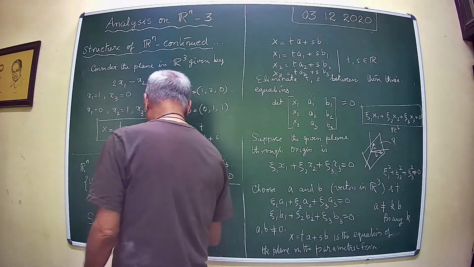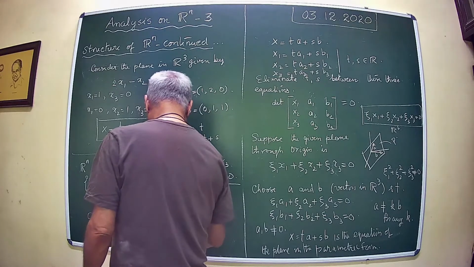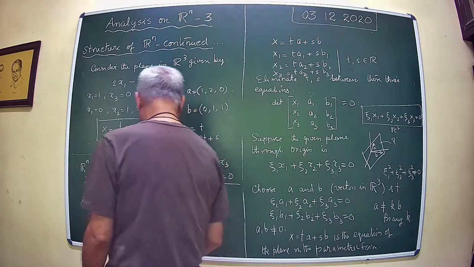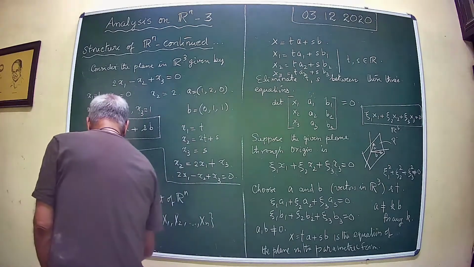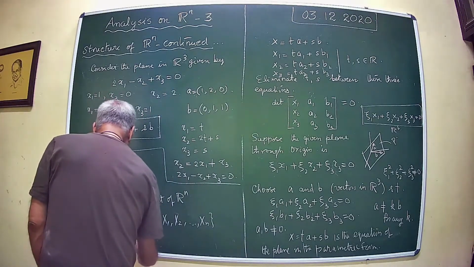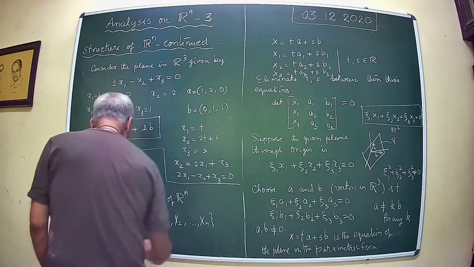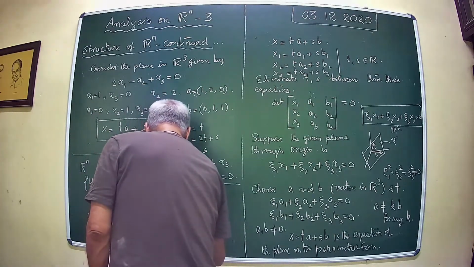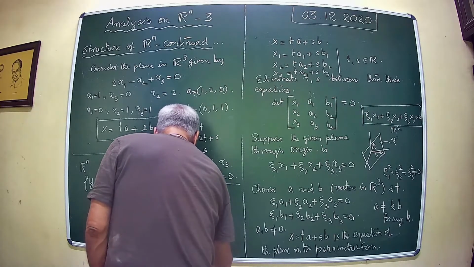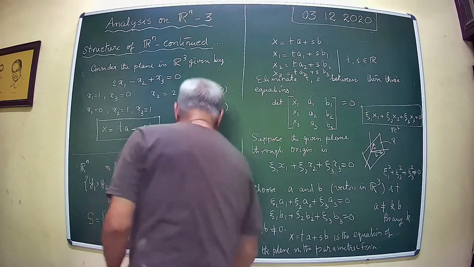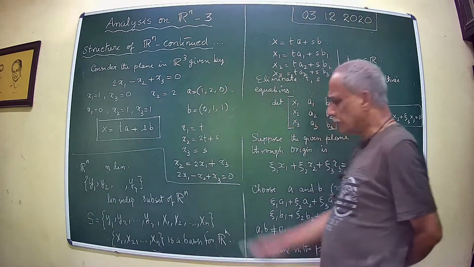Say x1, x2, ..., xn, where such a basis exists.